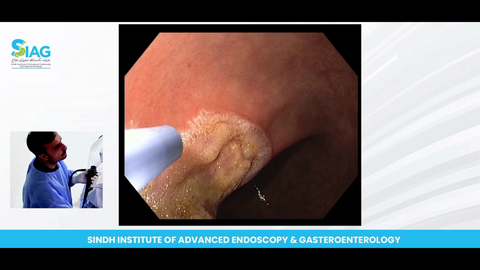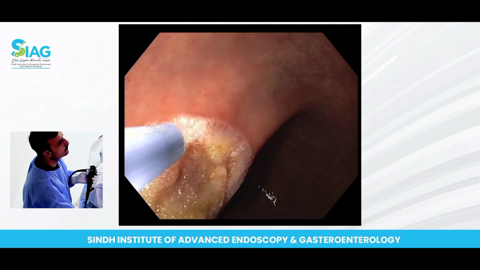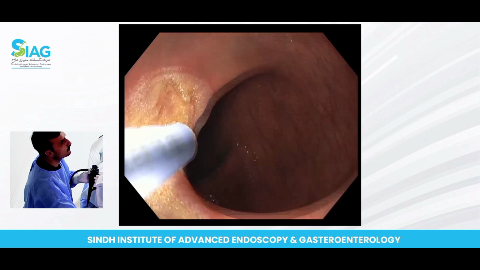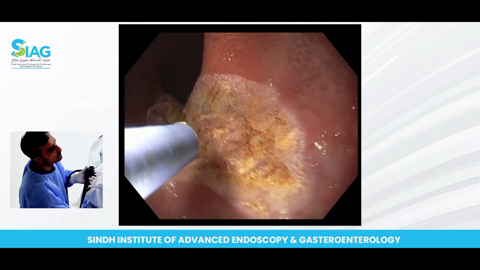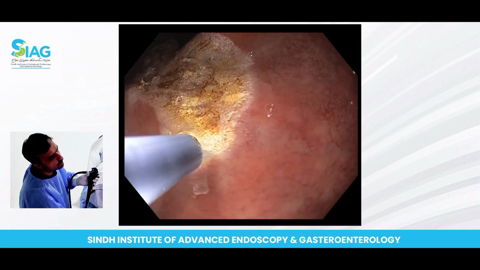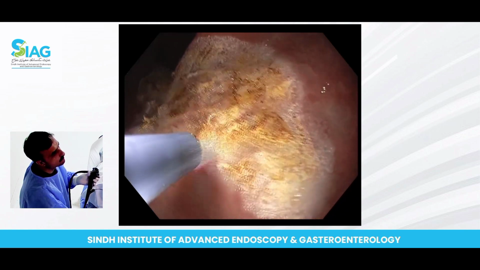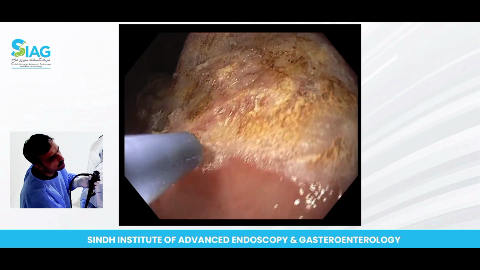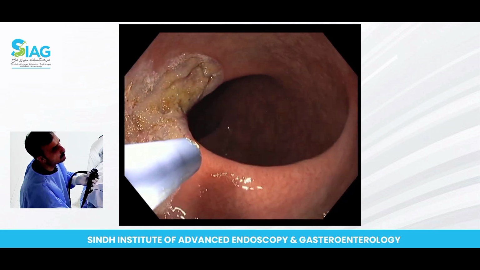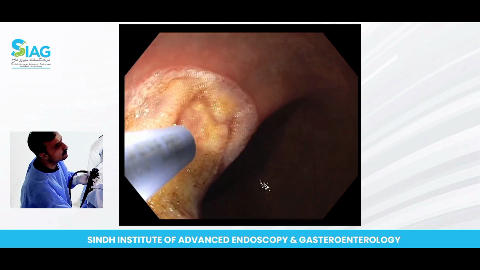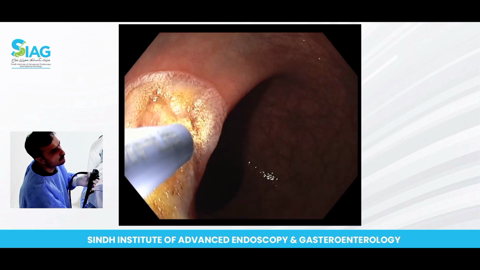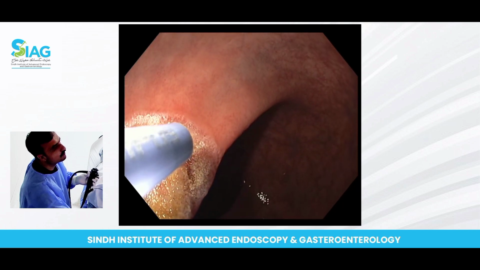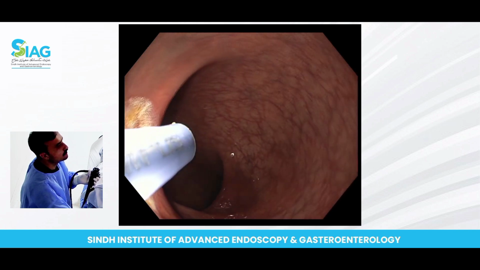Another important point is the probe which I am using. These can be of three types. One is the front type, where the gas is released from the front; another has a side opening, releasing from the side; and the other is circular, which releases all around the probe.